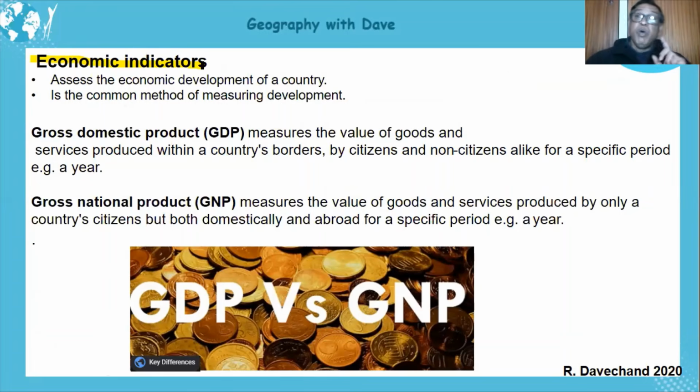What does this do? It looks at the economic development of the country: the finance, the money we're earning, the average income. All this is economic. Remember the impact. Like you look at the per capita GDP, the average for the people across the country.